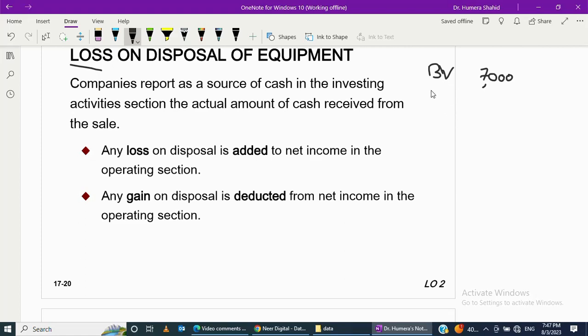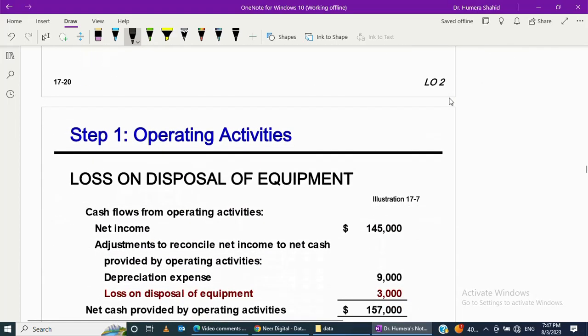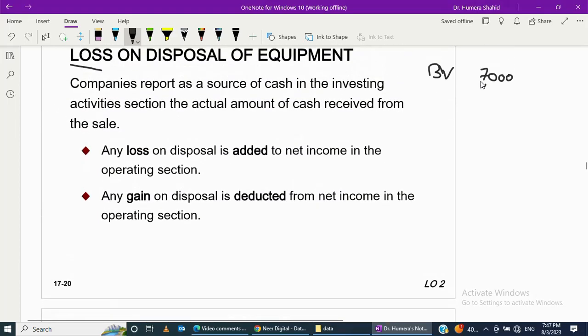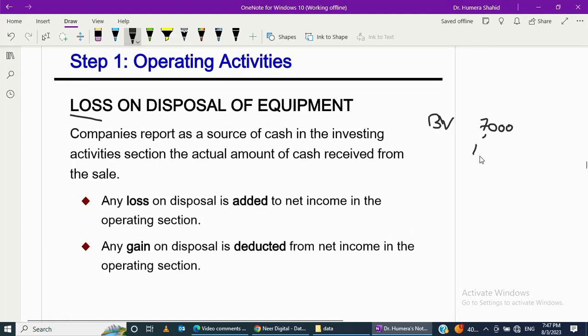And you sold this equipment for how much? You received cash of 4,000. Check the notes again. They said that it was sold for cash 4,000. So the net answer is 3,000. This is the money you lose by selling this equipment.